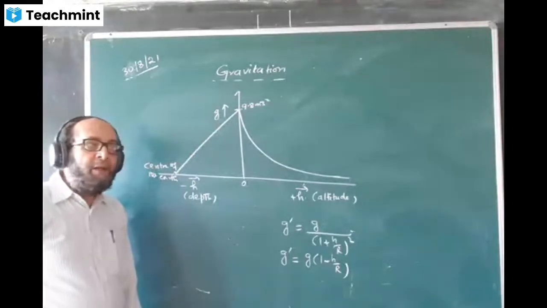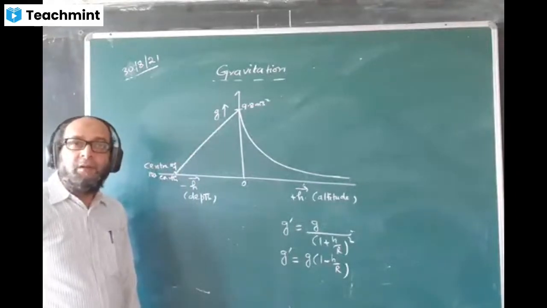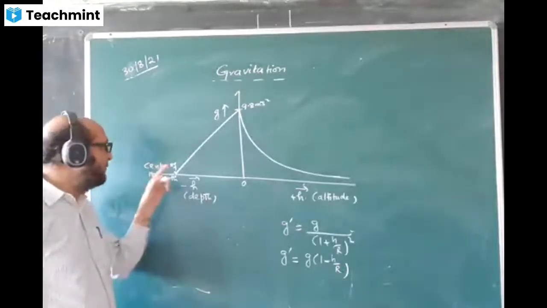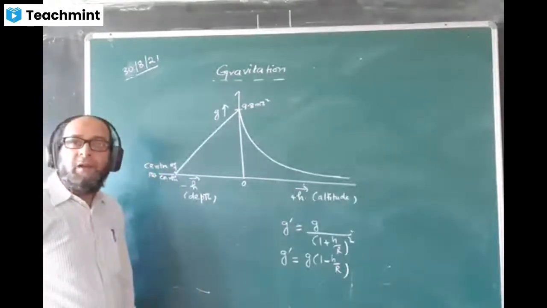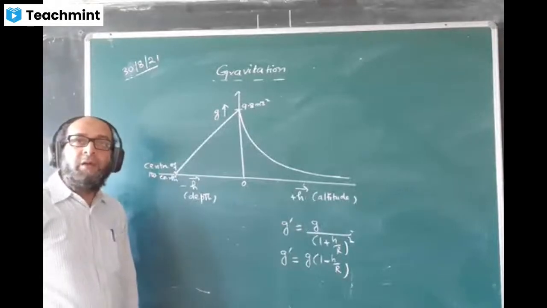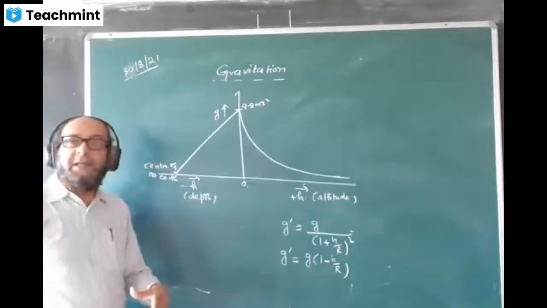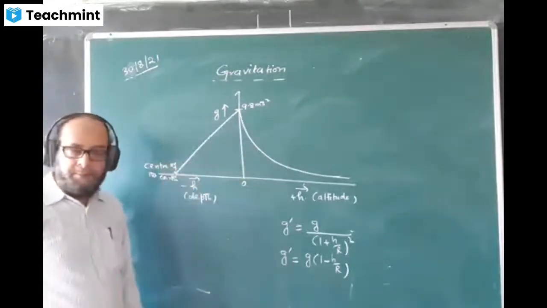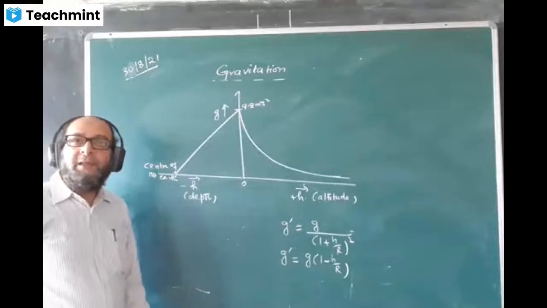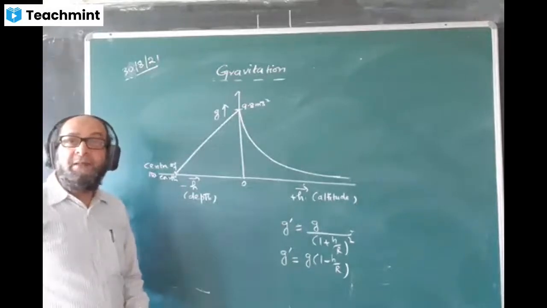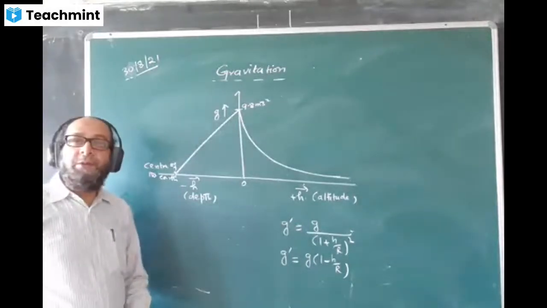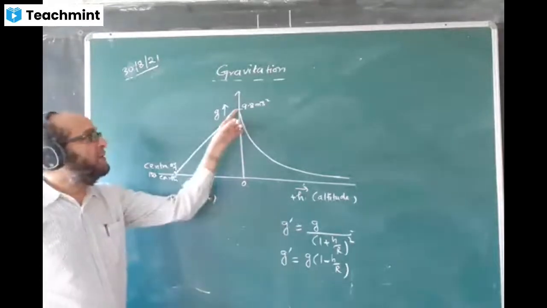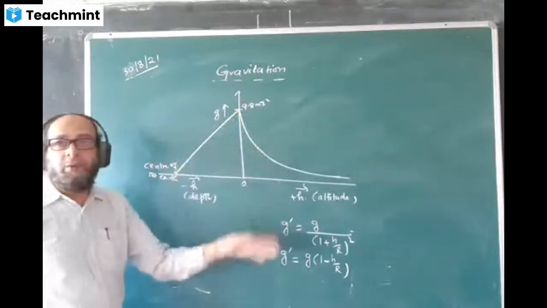Where will the weight of a body become 0 with respect to the earth? We say at the center of the earth. The value of g is 0. I think in lower classes also you learned that the value of g decreases with altitude as well as with the depth. In both the cases, the value of g decreases. And for your kind information, the value of g never increases. The value of g is maximum on the surface of the earth.